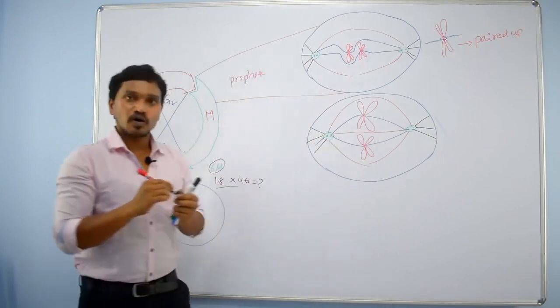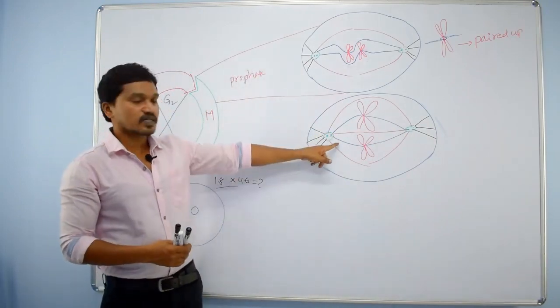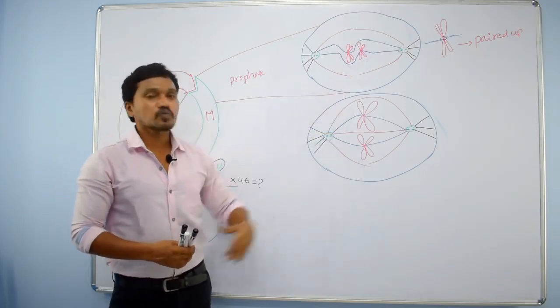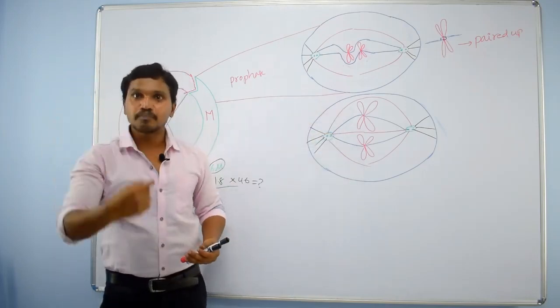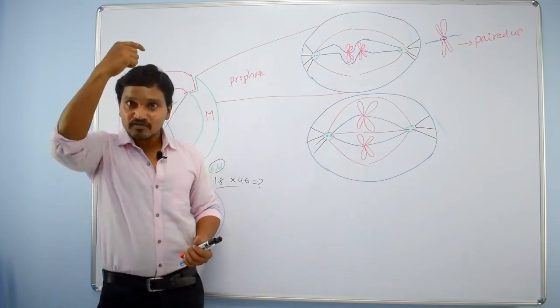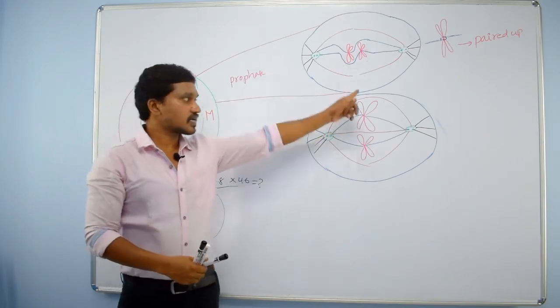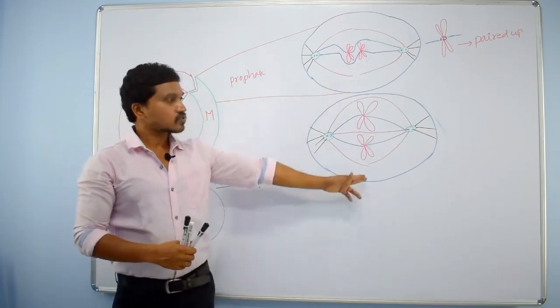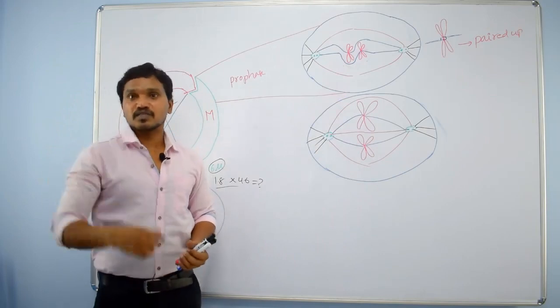So here, because of contraction of microtubules, these chromosomes arrange in the middle of the cell, or equator plane of the cell, or metaphase plate of the cell. This center part, what we call metaphase plate. So all these chromosomes arrange in the middle of the cell.